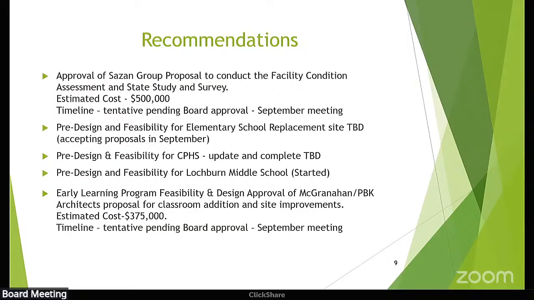And the facility condition or facility advisory committee, as I said, over the last 10 years told us that this is their priority. So that was prioritized by a third party, by the board's advisory committee. And the early learning is the other one that came up last year as kind of a priority. I too am very excited about Lockburn because that's been on my radar for quite a while.